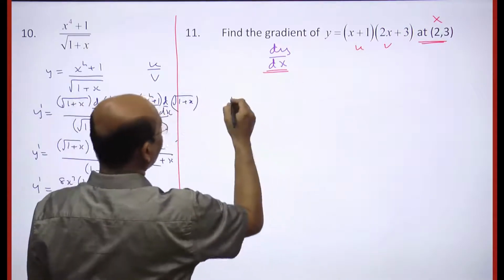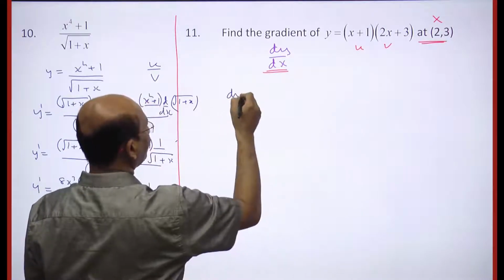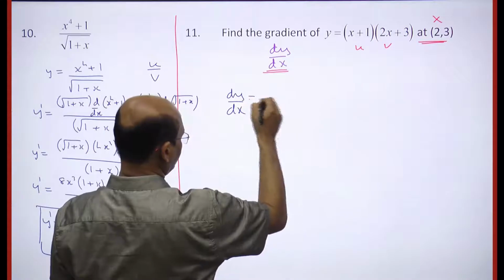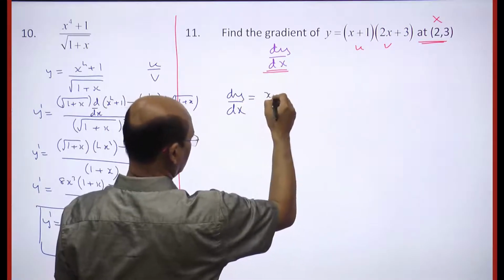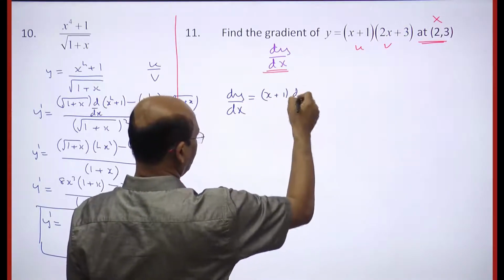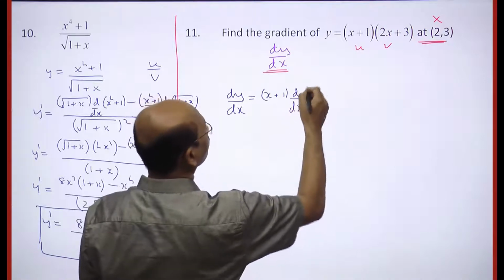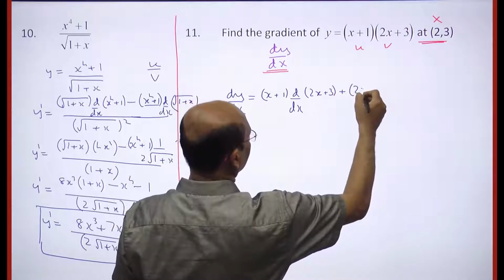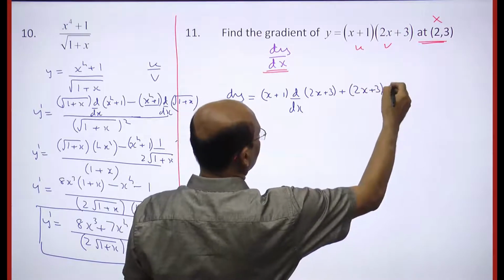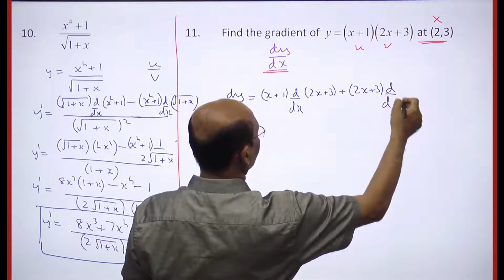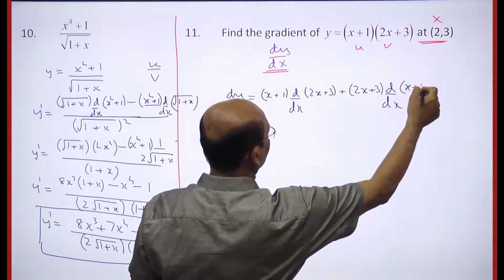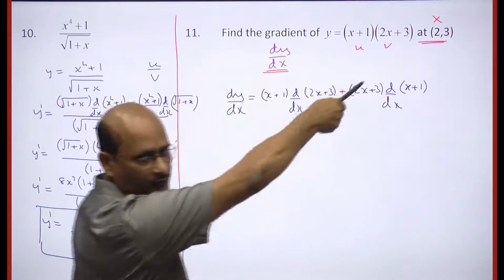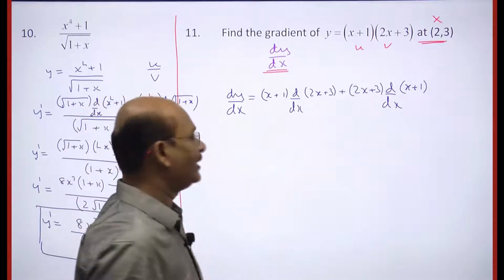I am first finding dy by dx: u times the derivative of v, plus v times the derivative of u. So what I did is the first times the derivative of the second plus the second times the derivative of the first.